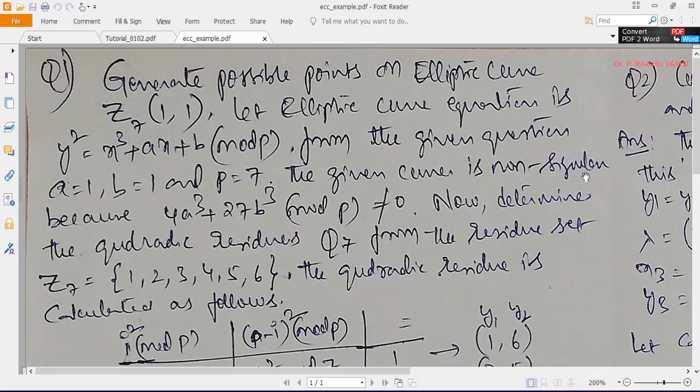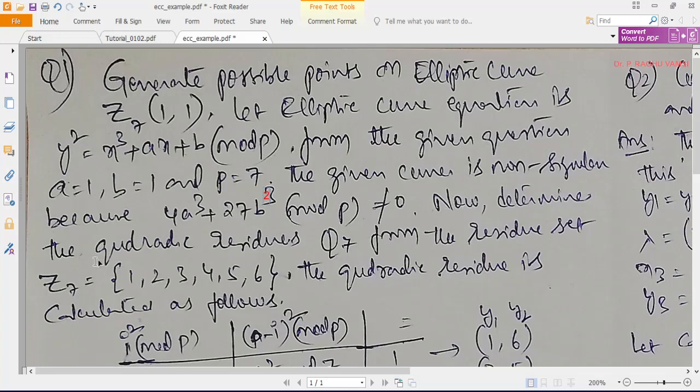The non-singular condition can be checked for the given curve Z7 of 1 comma 1 by substituting the values a and b in 4a cube plus 27b square mod p not equal to 0. Whenever you substitute these values, obviously it will not be equal to 0. Hence this curve is a non-singular curve and it's eligible for producing the points.